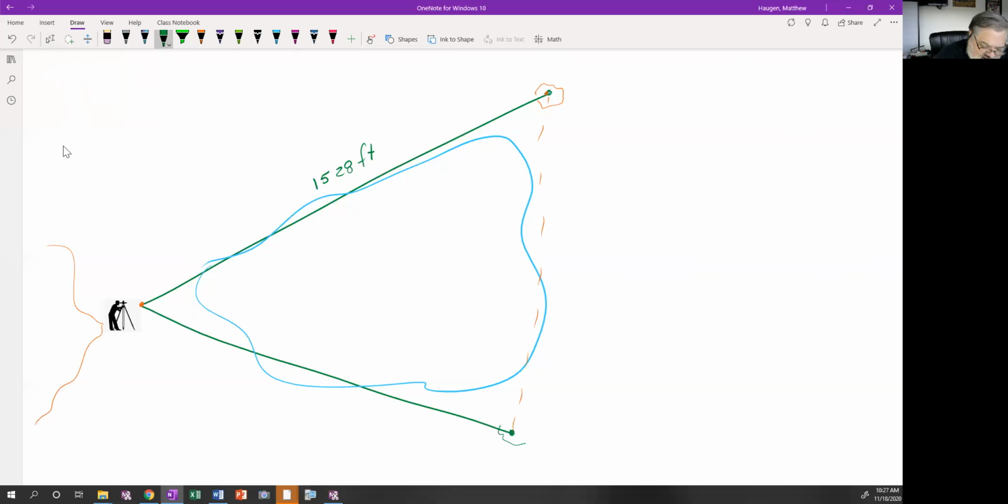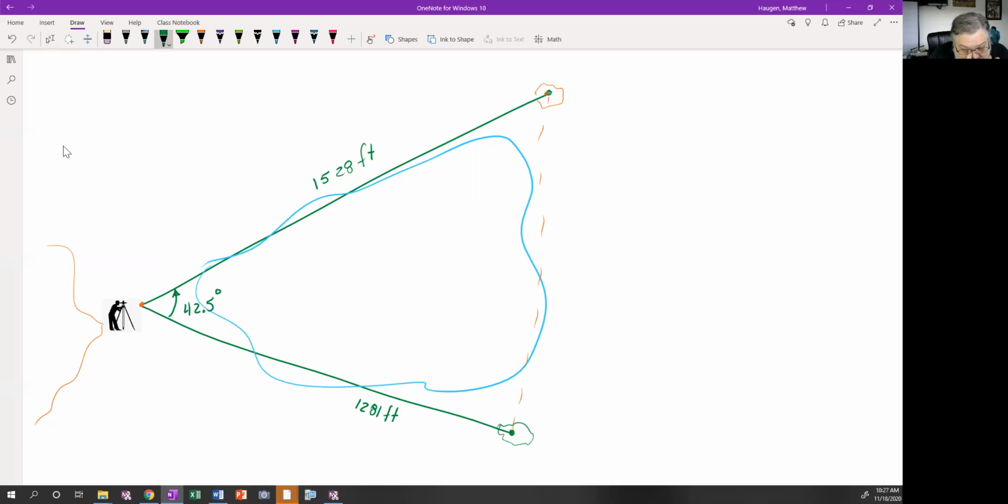And then you bounce the laser off some object over here and you find out that this is 1,281 feet, roughly. Since you're standing here, you can certainly measure the angle between those two observations. Let's say the angle between those two observations is 42.5 degrees.